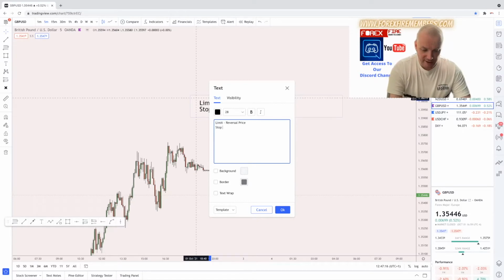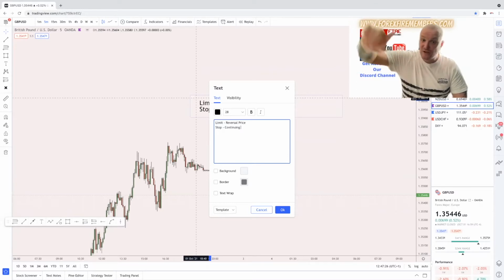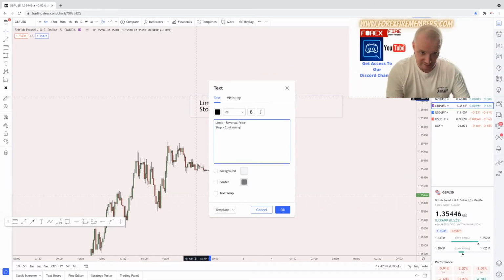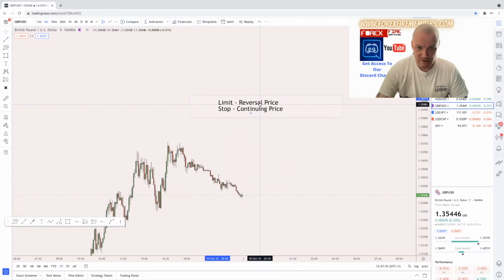A stop order is where we are expecting a continuation of price through a certain level. So this is what these things are.